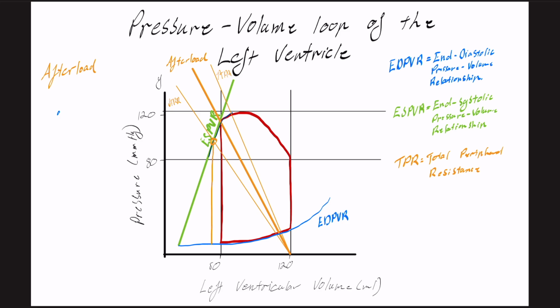At the point where it hits the end diastolic pressure-volume relationship, our filling begins as the mitral valve opens. We fill up to our end diastolic volume. Remember, preload is unchanged. Now the mitral valve closes and isovolumetric contraction occurs. Once pressure gets above diastolic blood pressure, the aortic valve opens, and then you eject all the way until you get to the point where it crosses our end systolic pressure-volume relationship curve.